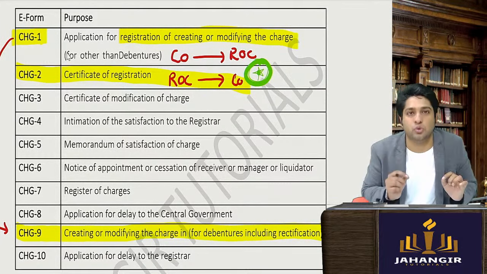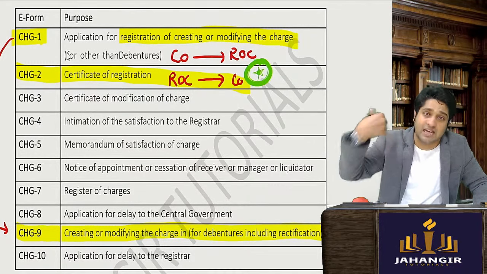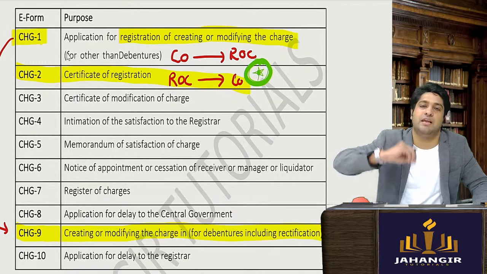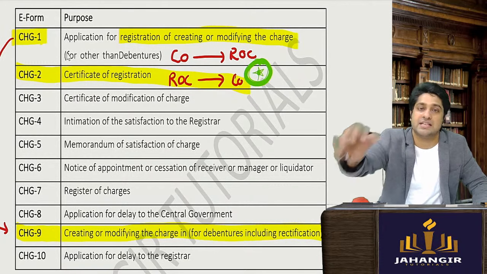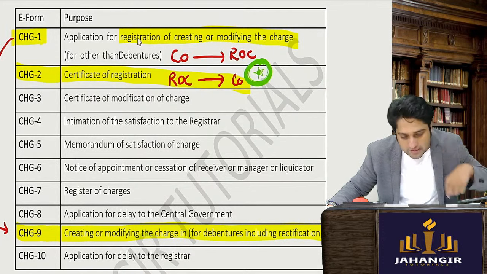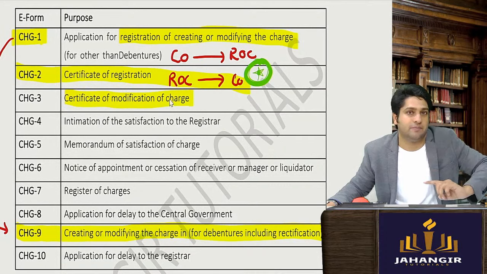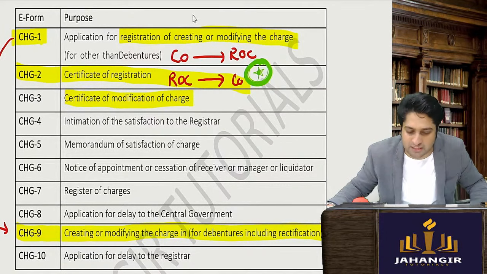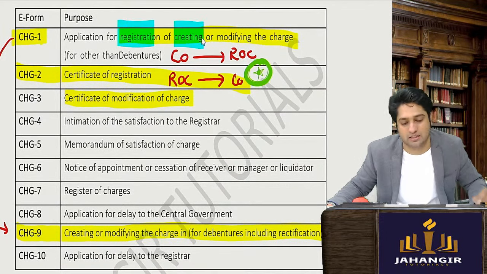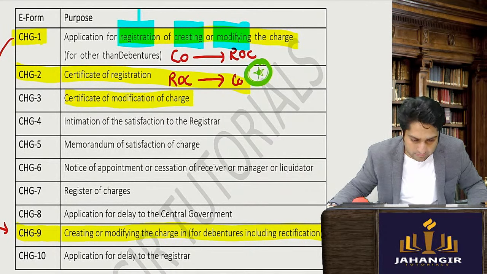So CHG 2 is a certificate by ROC to the company, telling the company that yes, we have received your application and we have successfully accepted it, and this is the certificate. For modification, the certificate will be issued in CHG 3. In CHG 1, the application is made for registration and modification, so it is one form for two things.